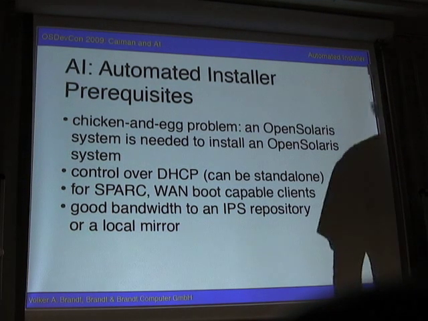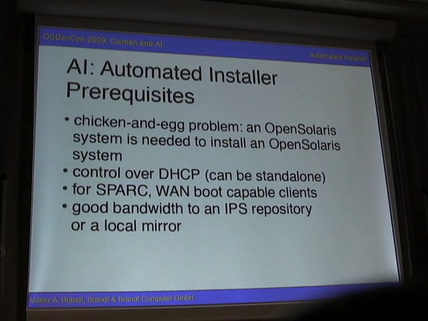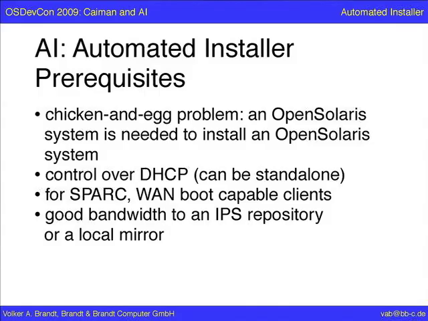So you need to have control over DHCP. That is not as easy as it sounds, because in many big environments, if you come from a big environment or have customers who do, then you know what I'm talking about. In many big environments, DHCP is holy because it's managed by the network people. And of course, the server people and the Windows people are naturally enemies of the network people because they use the precious network. And as we all know, a good network is a network with no traffic on it.